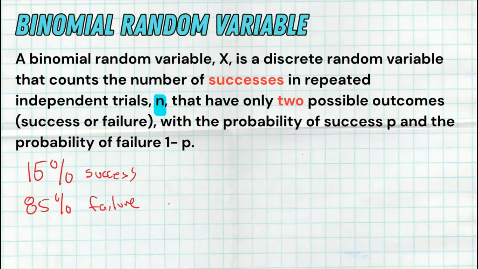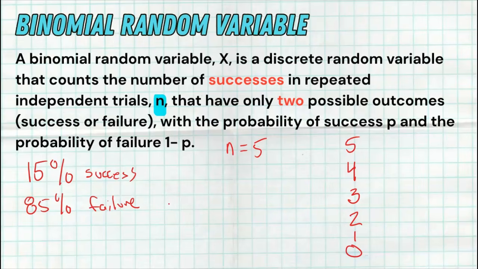And if he shoots, let's say, 5 darts, the binomial random variable is how many successes he has, how many times he will successfully hit the bullseye. So if he has a set number of darts, 5 darts, he could hit all 5 of them. That'd be awesome, right? He could hit 4 of them, he could hit 3 of them, he could hit 2 of them, he could hit 1 of them, or oh my gosh, he could hit 0 of them.